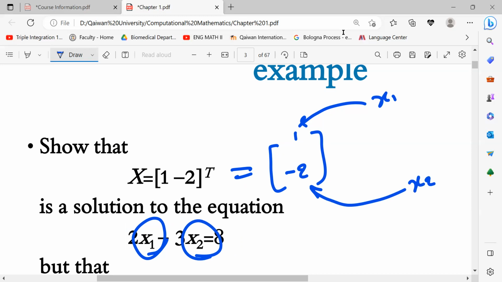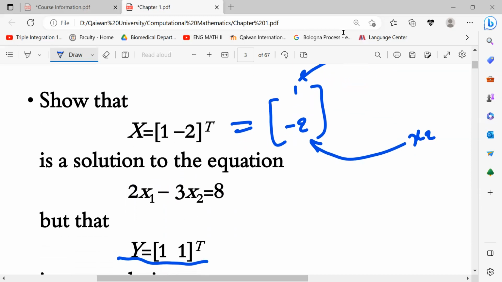Let's check. If you replace x1 by 1 and x2 by -2 and you get 8, it means it's a solution for the equation. If not, it's not. How to check that 1 and -2 is a solution for this equation? We just replace x1 by 1 and x2 by -2. If you get 8, it's the solution.